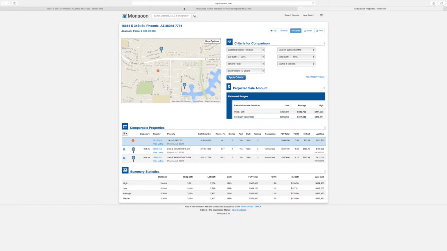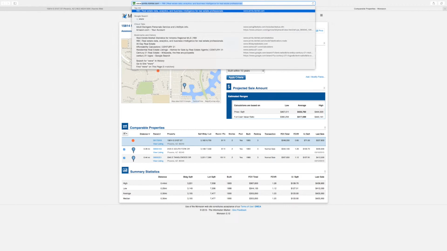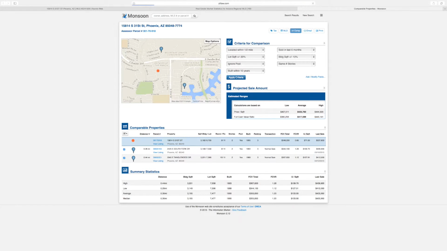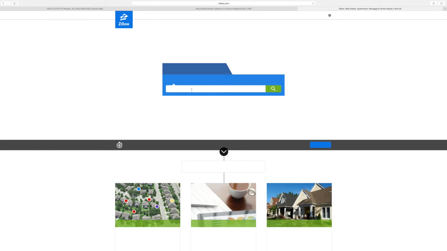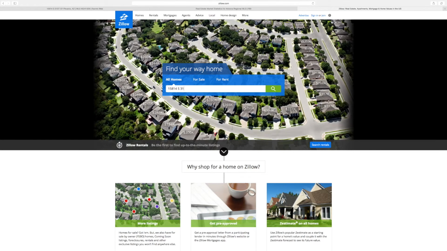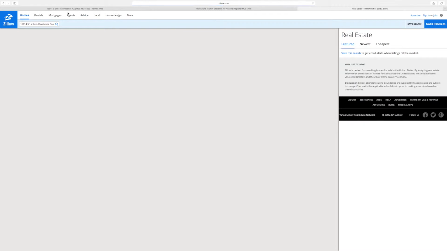So another one we'll go to is Zillow, and see what it says. So we got 425 on comparables. Oh, that wasn't what we wanted.